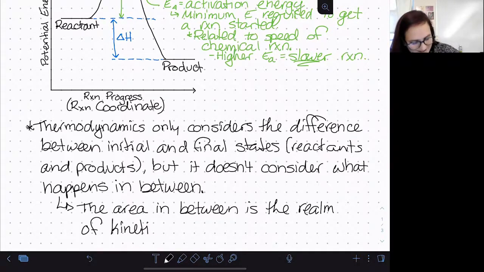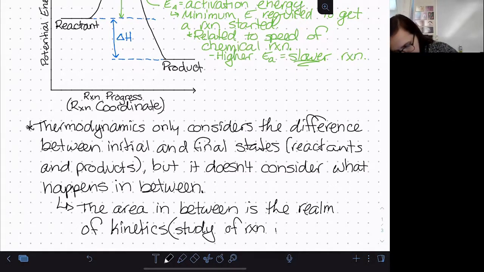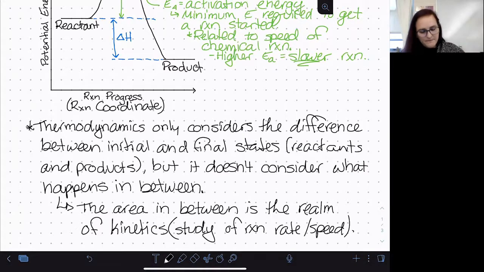And kinetics is entirely about reaction speeds. It is the study of reaction rates or speeds. And we're not going to get into kinetics this semester. We'll save that for AP Chemistry in the spring if you're doing that.